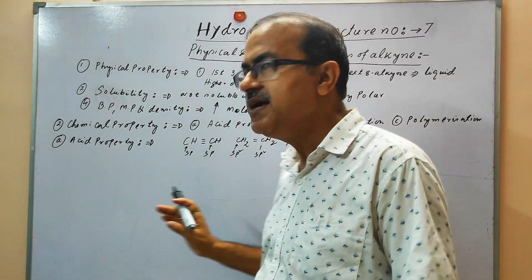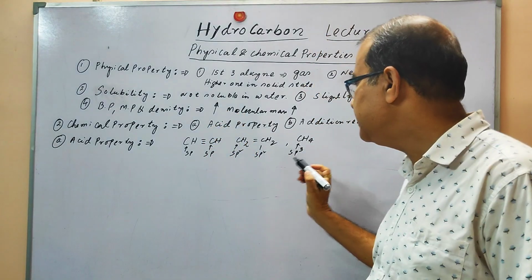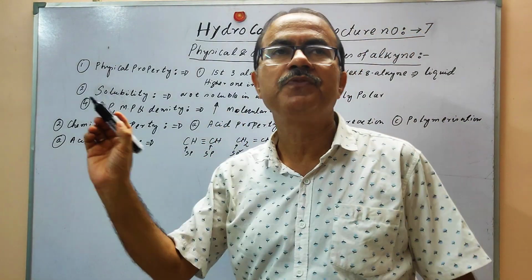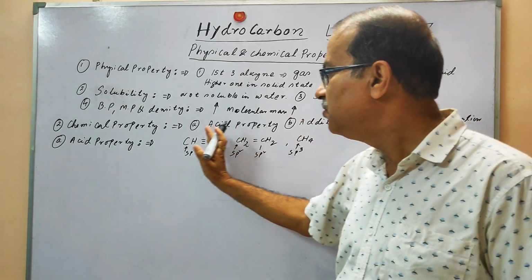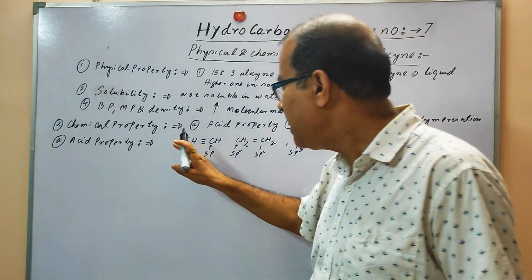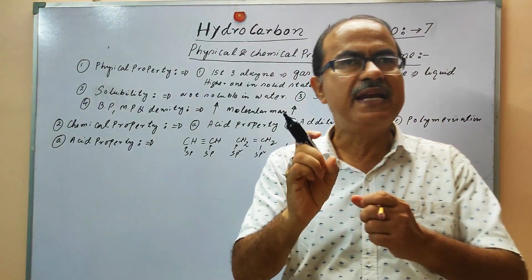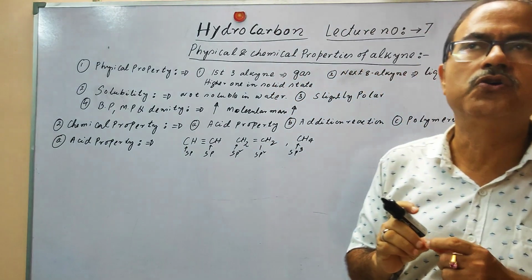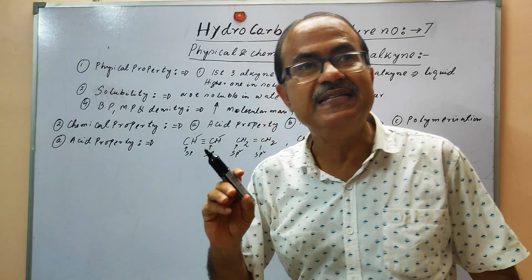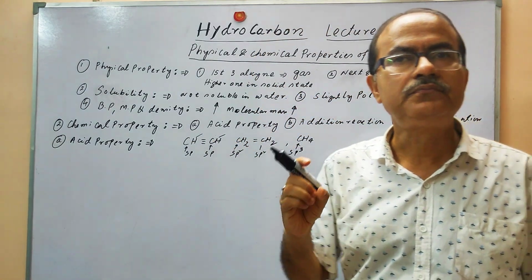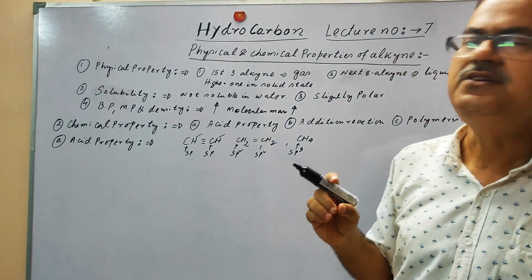So what we find is that the s character of the orbital goes on increasing as we go from the alkane to alkyne, and that is why this carbon atom is highly electronegative. So it can attract the shared pair of electrons towards itself. So this hydrogen atom can easily be released and it will show the acid property.